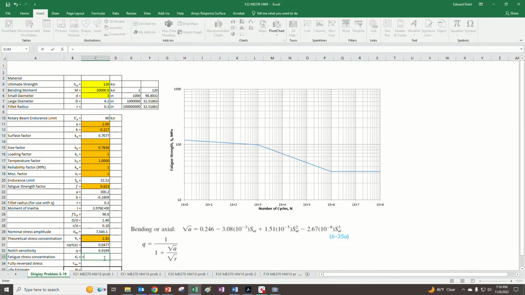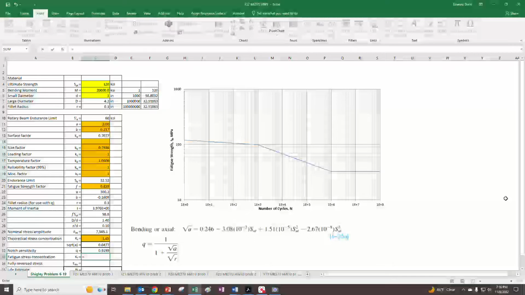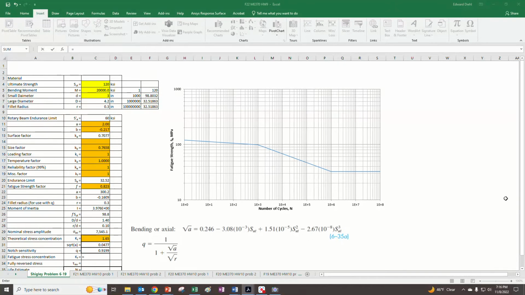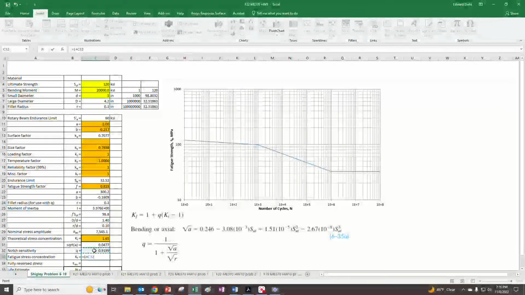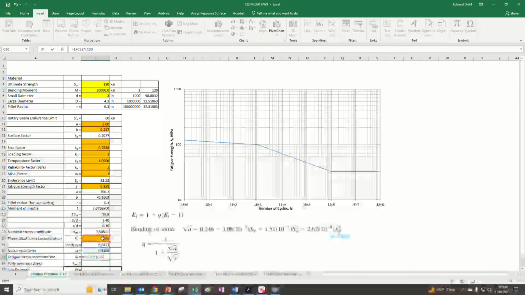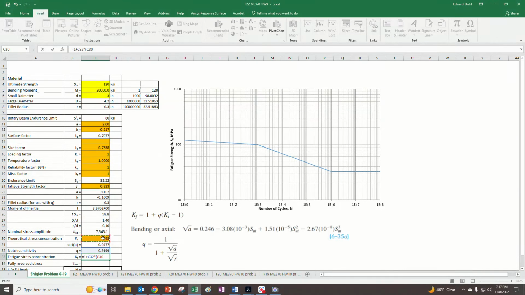We have to double check later on if that's going to be a correct thing. Now for the fatigue stress concentration, it's going to be equal to 1 plus Q times the quantity of the theoretical stress concentration minus 1.